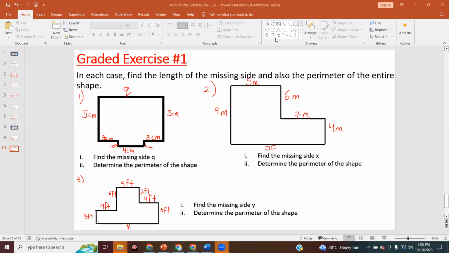Dana Smith, are you there? Yes, sir. Okay, good. What number are you on? Number 3. Do you understand how to answer them? Yes, sir. Okay. Janelle, what number are you on?